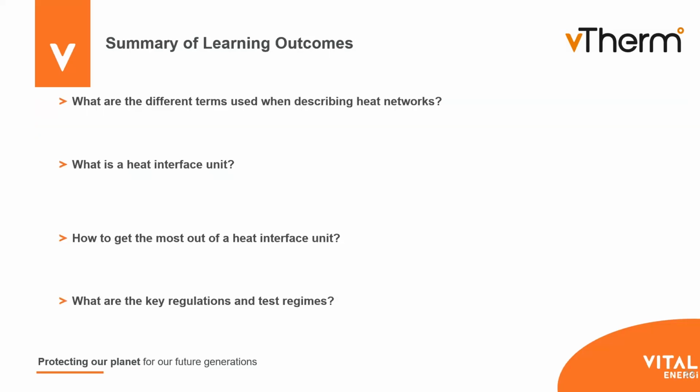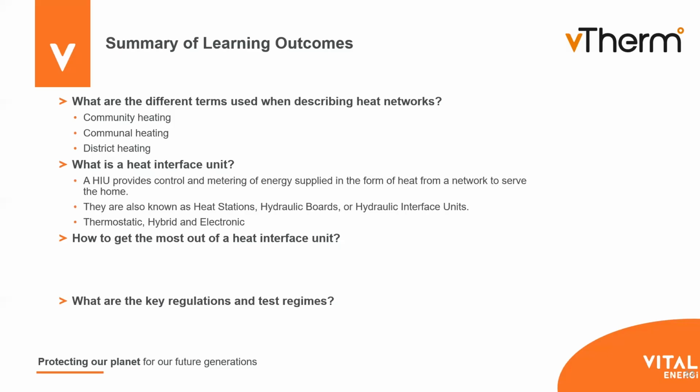So what we learned. Very quickly, we've spoken about the 3 different networks: community heating, communal heating, and district heating. What are the different HIUs? We've spoken about them being known as heat stations, hydraulic boards, hydraulic interface units. There were 3 types: thermostatic, hybrid, and electronic.